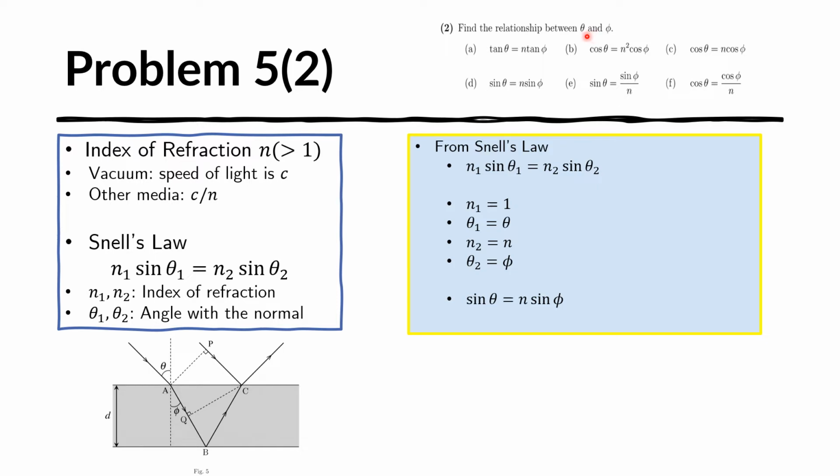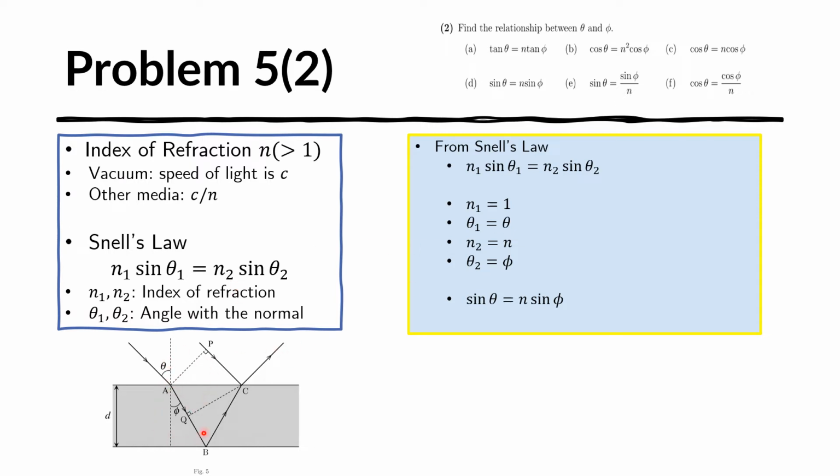The relationship between theta and phi can be obtained from Snell's law. Here, the index of refraction in air is assumed to be 1, and therefore n sub 1 is 1. And theta 1 is the angle with the normal, and so theta 1 equals theta.